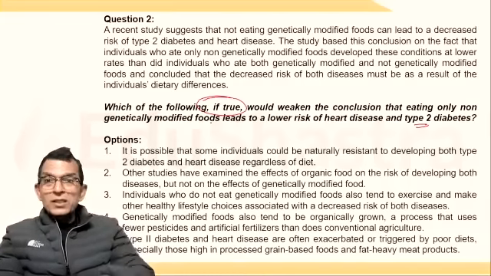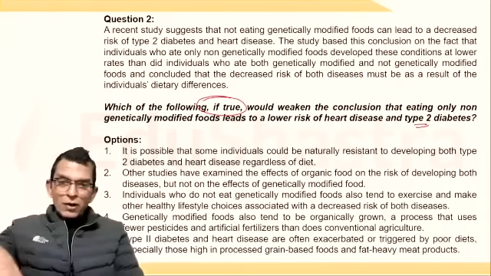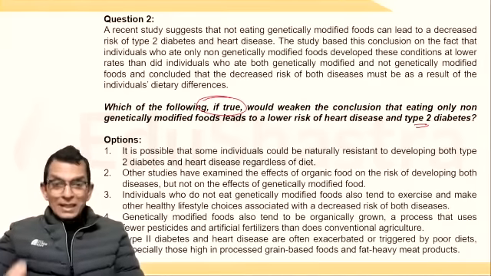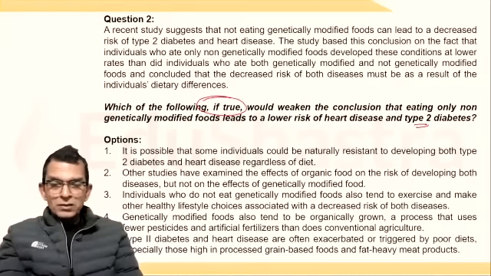Understood, Sudeshna? By eating non-genetically modified food, I'm healthy, but it is not because of non-genetically modified food. What is the fifth argument? It is that non-genetically modified food is what is causing type 2 diabetes, because it is junk food.